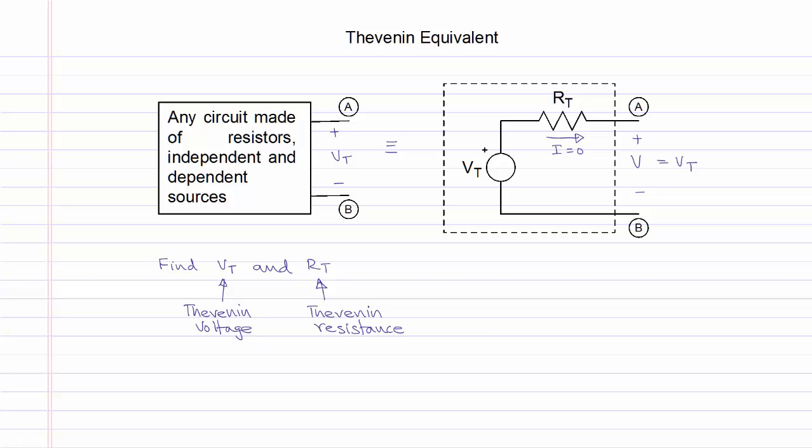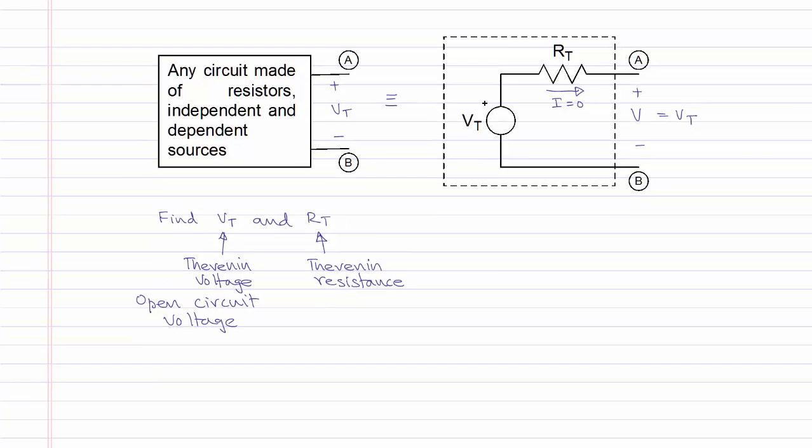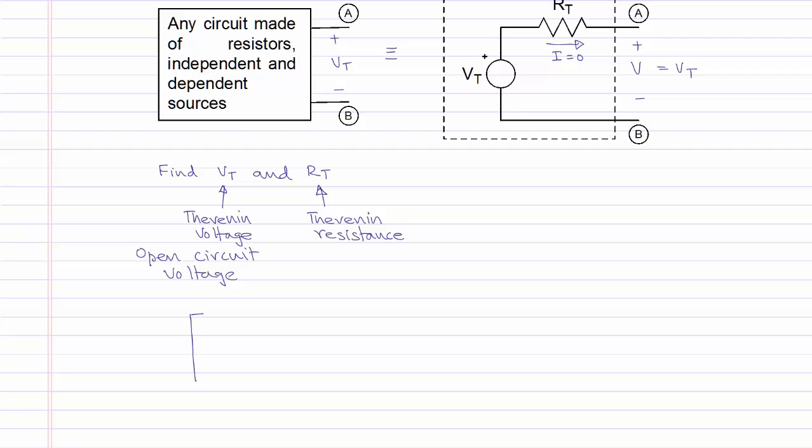Since the voltage Vt is calculated as the open circuit voltage between terminals A and B, the Thevenin voltage is also called the open circuit voltage. Once we know the value of Vt, we can calculate Rt next. We begin by drawing both of these circuits again.